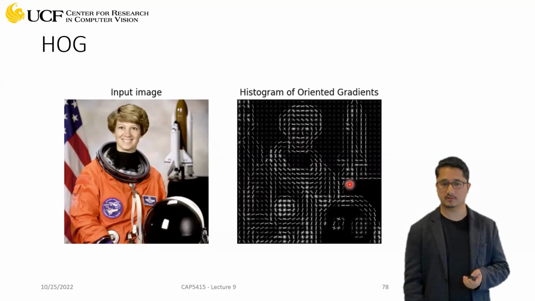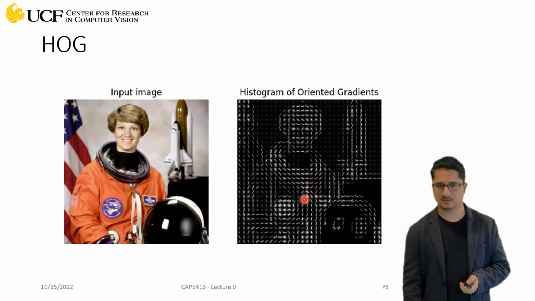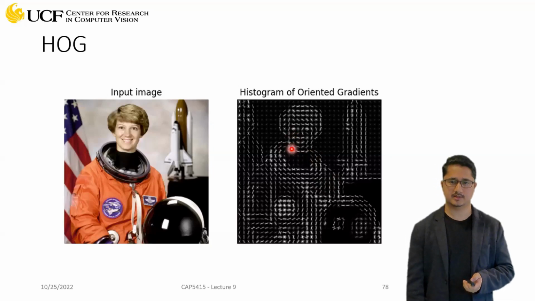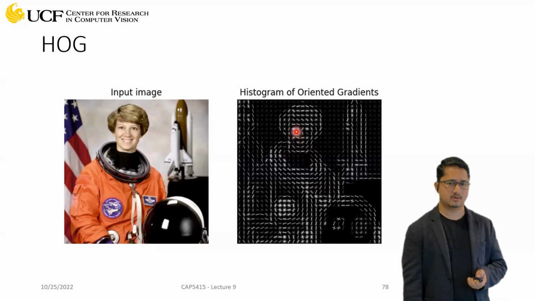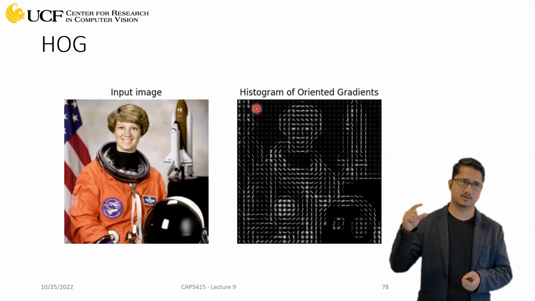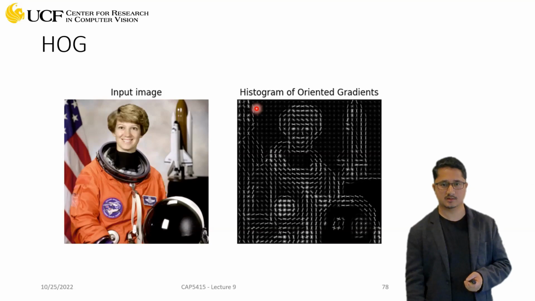And this is one visualization of how HOG features actually look. You can see that it gives you a good visual of what is present; you can say, okay, this seems like a woman standing here. The way this visualization was done, I think, is that for each cell you have the histogram, and then you pick the orientation which is more dominant in that cell, and that orientation is drawn for that cell.